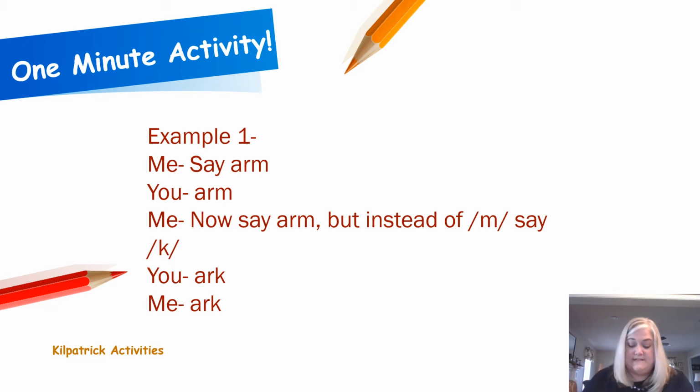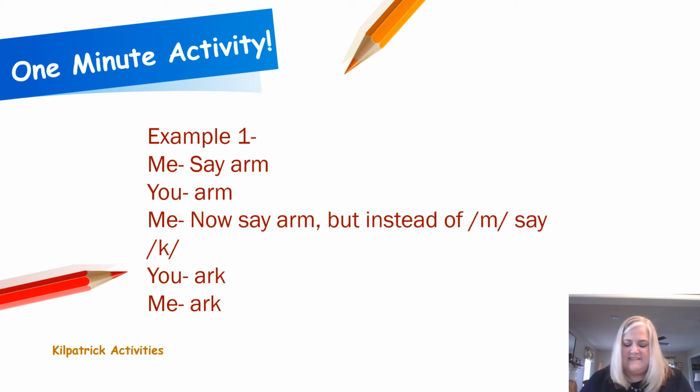Say coat. I say it out loud. I got to hear you. You know I can still hear you, right? Coat. Now say coat, but instead of t, say d. Code. Correct. Say hose. Now say hose, but instead of z, say p. Hope. Good. Say let.